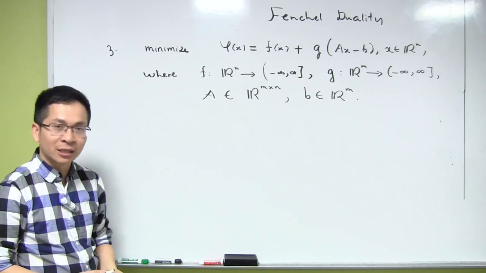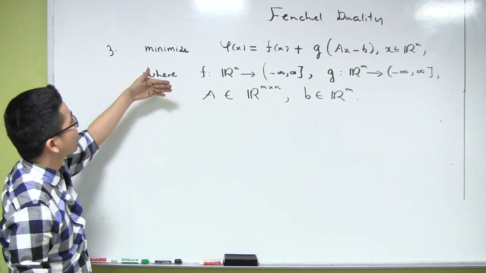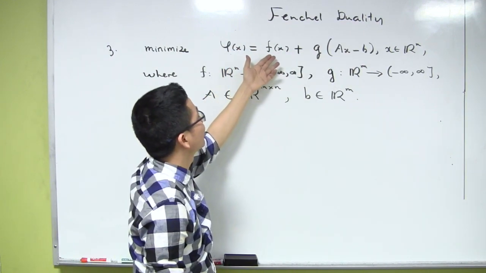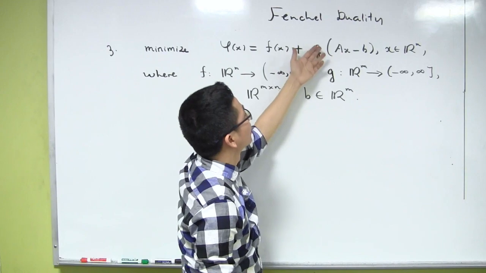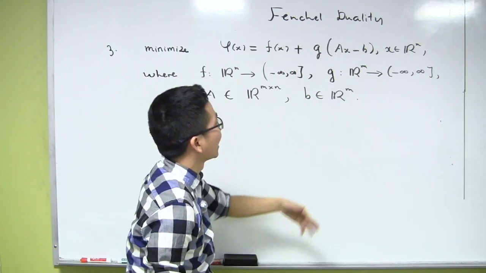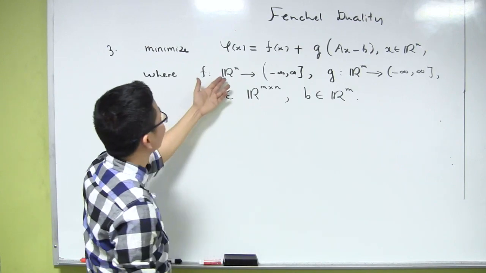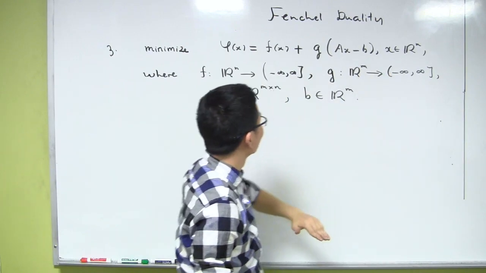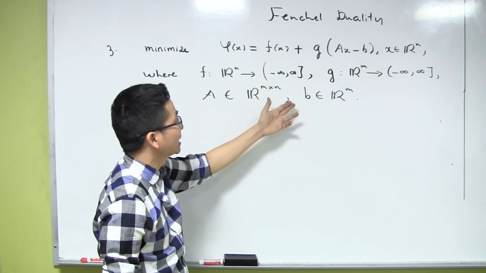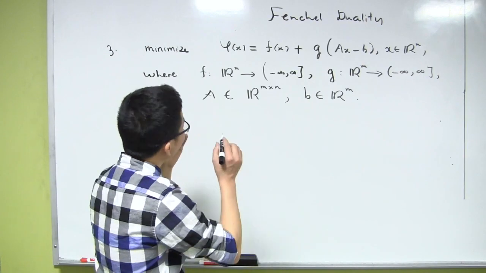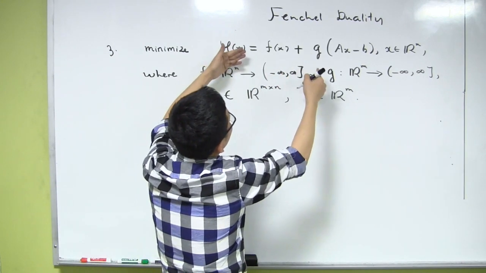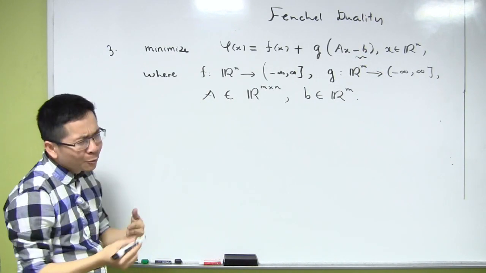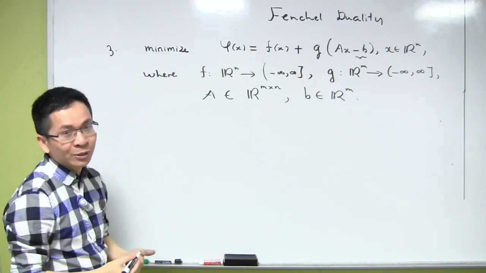Now I'm going to talk about the third important remark. Sometimes we have to minimize a function phi given in this form. So phi of x is the sum of f of x and g of Ax minus b, where x runs in R^n. And here f is a function from R^n to the extended real line, g is a function from R^m to the extended real line, A is an m by n matrix, and b is in R^m. So the difference between this form and the previous form is that we have minus b over here. So how can we formulate the Fenchel dual problem?